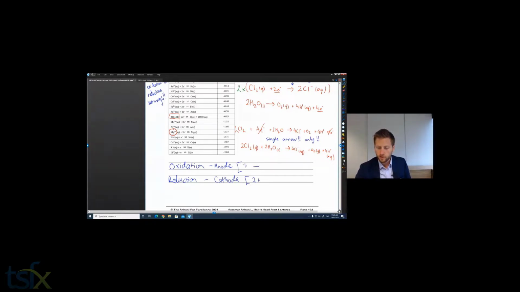So water there, 2H2O is oxidized to O2 plus 4H plus plus 4 electrons. And then at the cathode, we have chlorine being reduced. So chlorine gas gaining 2 electrons and forming chlorine ions at the cathode.